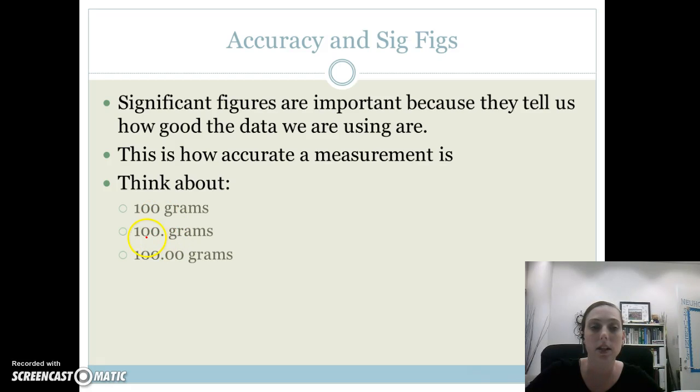Yes, because I now know my tens and my ones. Here I have all the way to the hundredths place. So in this case, does this tell us even more accurate information than the above two? Yes. So I can see that I took a measurement from 100.00. My measurement was all the way to the hundredths place.